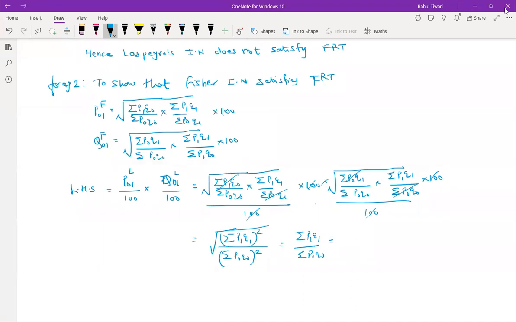And what is this actually? This is your V0, and hence this is equal to right hand side. Hence we can say that, therefore Fisher index number satisfies FRT.